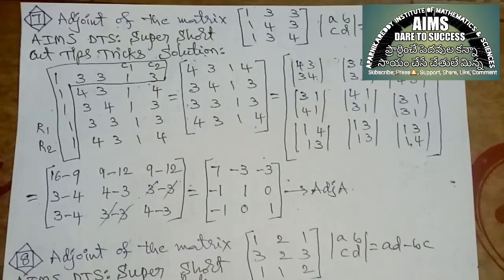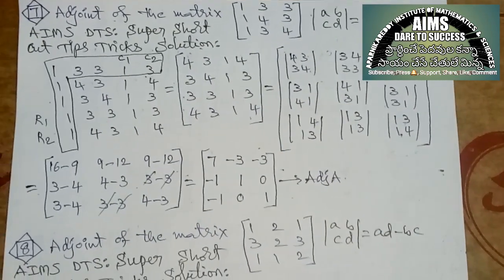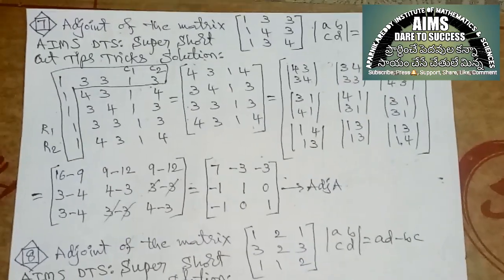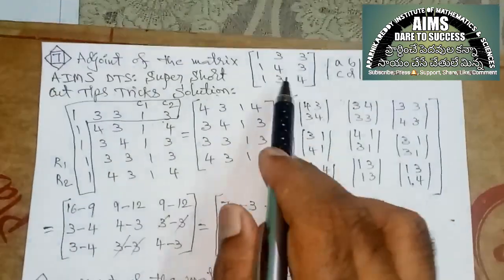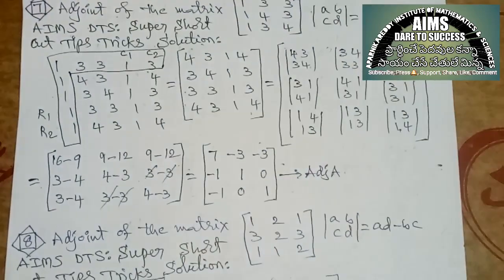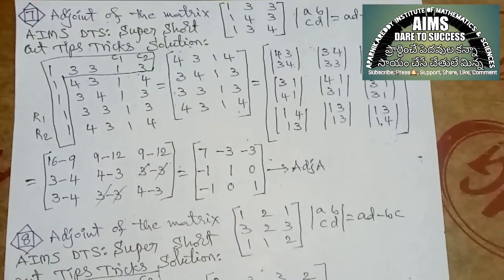You can take it as the adjoint of the matrix. Next I will discuss determinant of the matrix of order 3 by 3, coming soon in the next video.